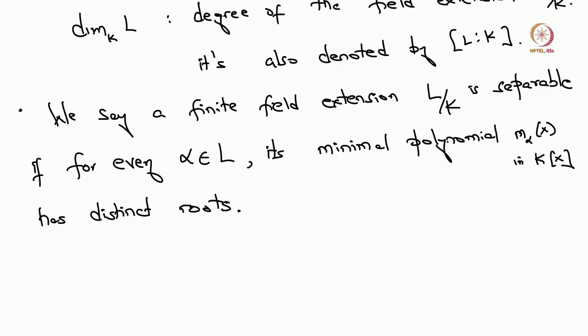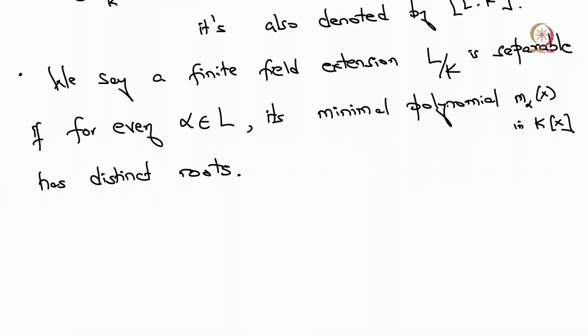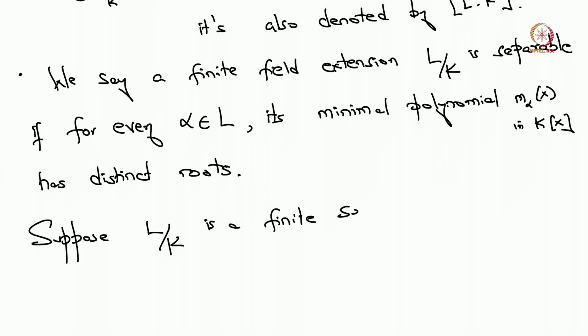So I'll mention some consequences, some results related to finite separable field extensions. So suppose L over K is a finite separable field extension, and often just to abbreviate I will just say finite and separable.